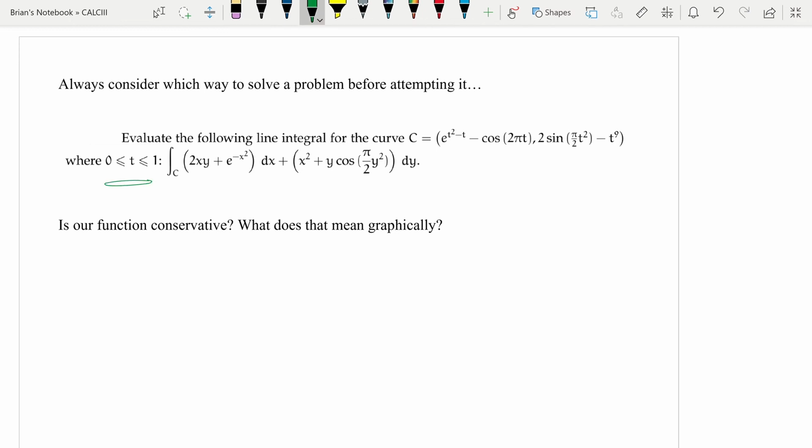T is greater than 0 and less than 1, and we've got this nasty function here. So let's first prove if it's conservative. We've got M y is equal to N x. So M y will be 2x, and then N x will be 2x. So yes, conservative.